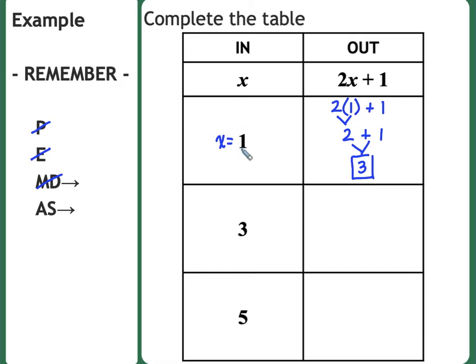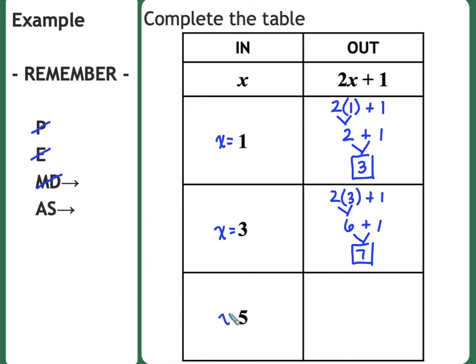So whenever we have a 1 on the in, we get out a 3, and this algebraic expression is our rule. Let's look at if we put 3 as our in to x. So if we put 3 in for x, we have 2 times 3 plus 1. 2 times 3 is 6 plus 1 is 7.